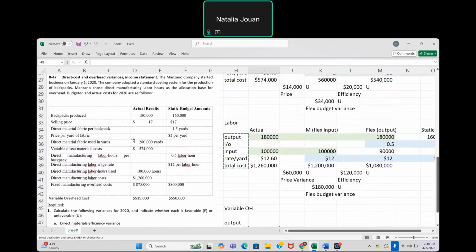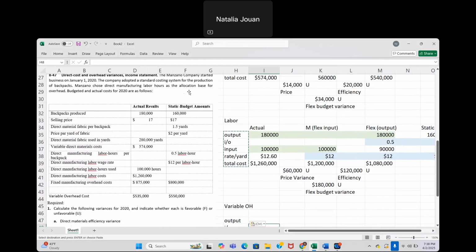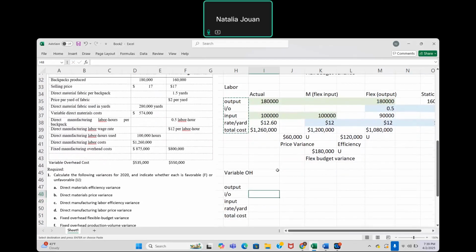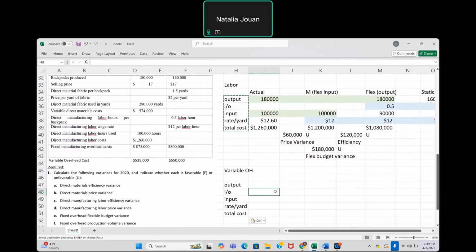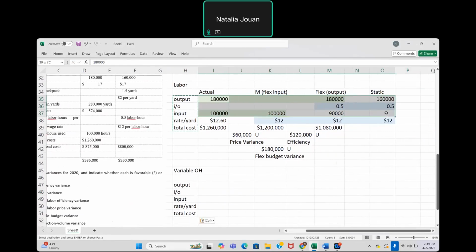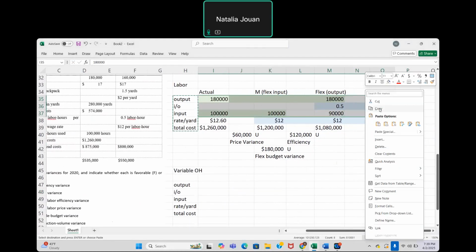Well, let's see. So the allocation base is what? Labor hours. Okay, so Manzano chose direct manufacturing labor hours as the allocation base. So all our overhead will be based on labor hours. Guess what? That makes our life a lot easier because we already have the labor hours. We can copy and paste.